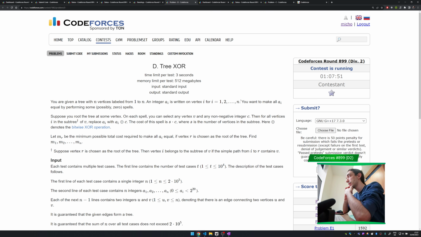The cost of this spell is s times c, where s is the number of vertices in the subtree. Let MR be the minimum possible total cost required to make all AI equal if vertex R is chosen as the root.